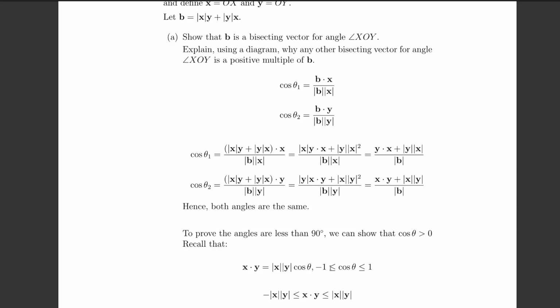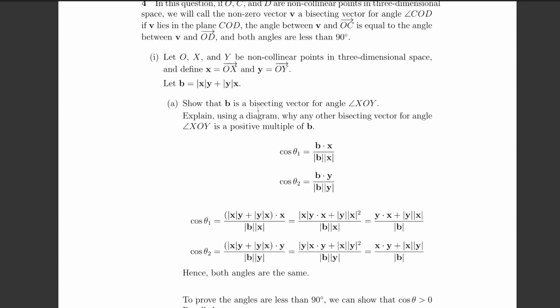So we need to ask: can cos theta ever equal -1 or 1? The only case where it's equal is if x and y are the same vector. But we know that x and y are not the same vector because they're non-collinear points. That causes the strictness.